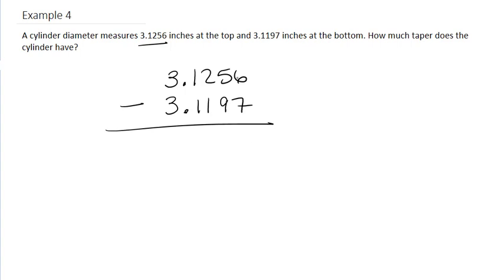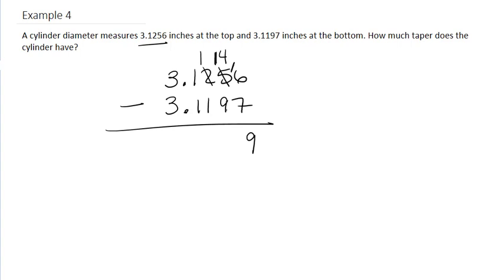Starting on the far right, 6 minus 7 can't be done. So we need to borrow from this 5, so that becomes a 4. Now we have 16 minus 7, which is 9. Then we move to the left one. 4 minus 9 can't be done, so we're going to need to borrow directly to the left of it. So that 2 becomes a 1, and now this becomes 14.